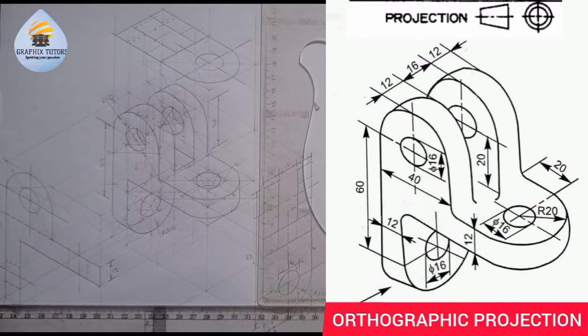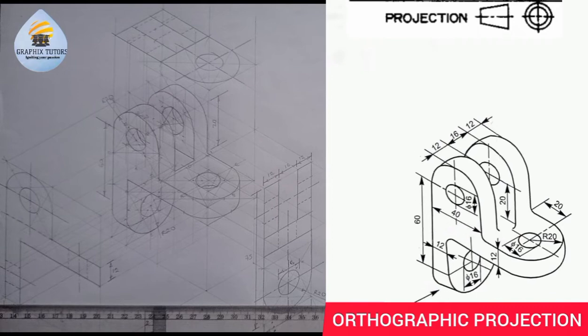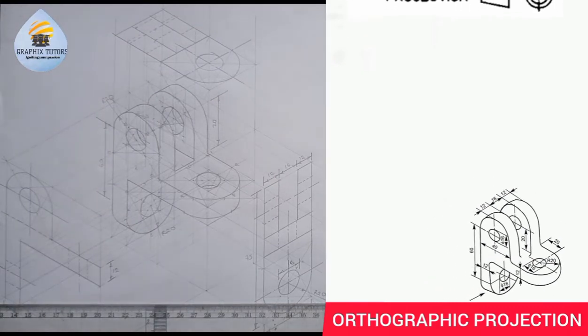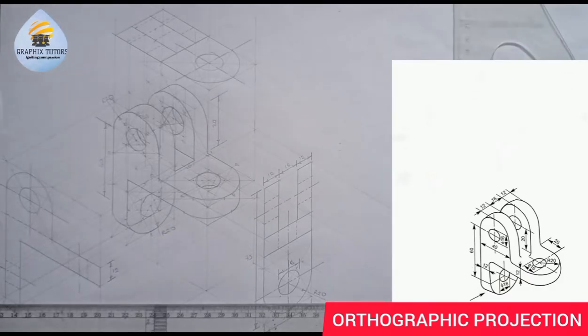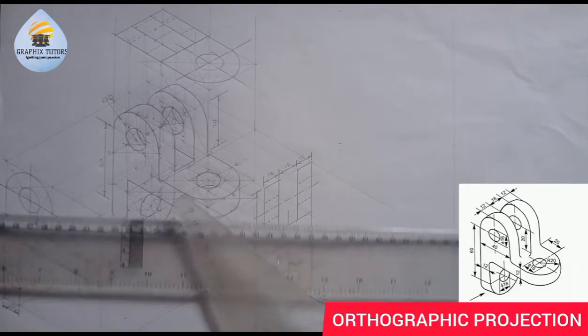Now, when you hear the word orthographic projection, the first thing you need to do is draw your orthographic axis. Like I explained in my previous video, you will draw your vertical line in this fashion, right? And you will draw your horizontal line in this fashion.